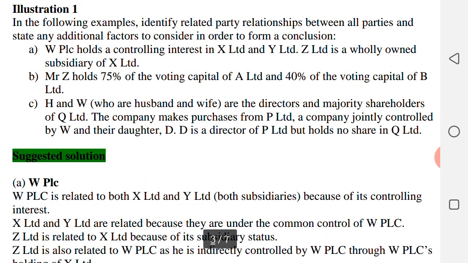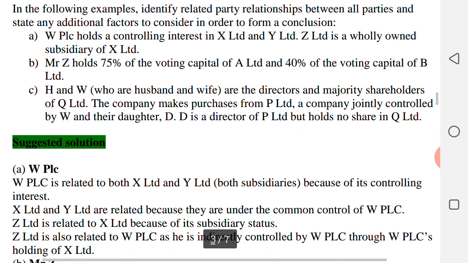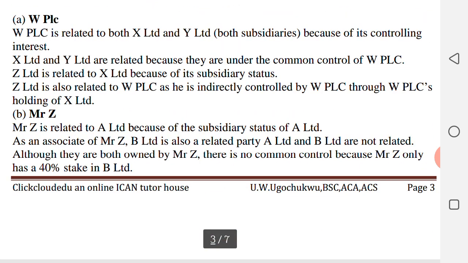A and B are not related because A is not owned by Mr. Z. Assuming A owns B, then we say A and B are related. But A and B don't have any related party relationship, so A and B are not related. Although they are both linked to Z, there is no common control because Mr. Z only has a 40% stake in B.